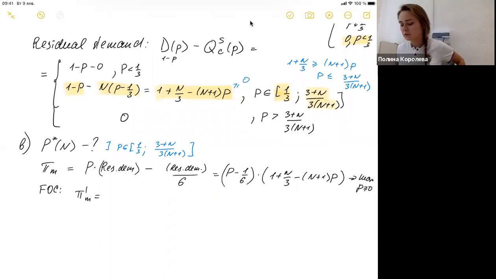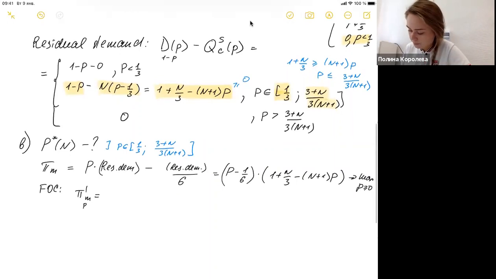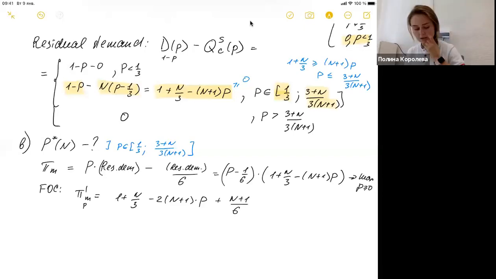Here we also have a quadratic function with a graph parabola with branches down. So we will find a maximum. And here the variable is price. Yes. So we take the derivative by price. And this will be (1 plus n over 3) minus 2 multiplied by (n plus 1) multiplied by price, plus (n plus 1) over 6, like this.